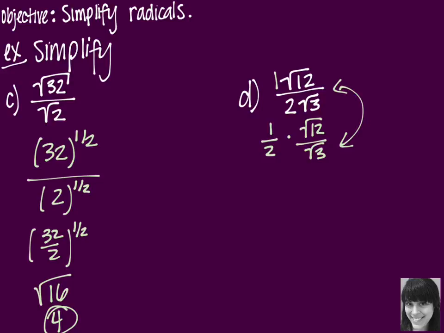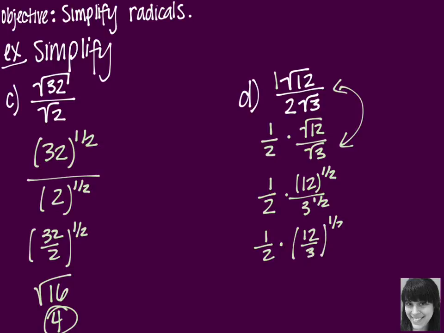So, looking at this now, I can do what I was doing to C, and I can combine the 12 and the 3. It's just that this 1/2 has to tag along, okay? So 1/2 times, and then 12 to the 1/2 over 3 to the 1/2, and then I can put those in one whole division problem to the 1/2.